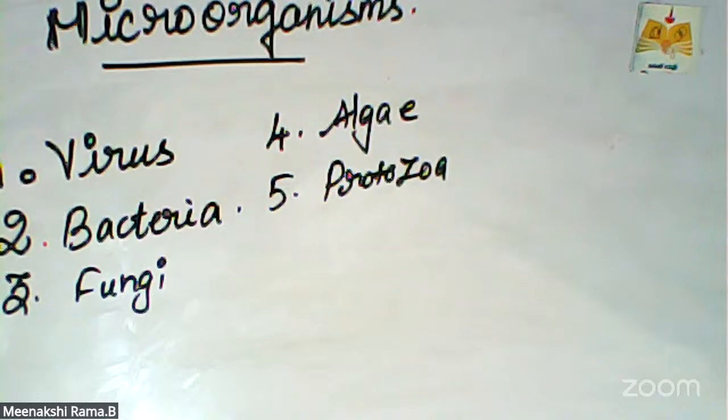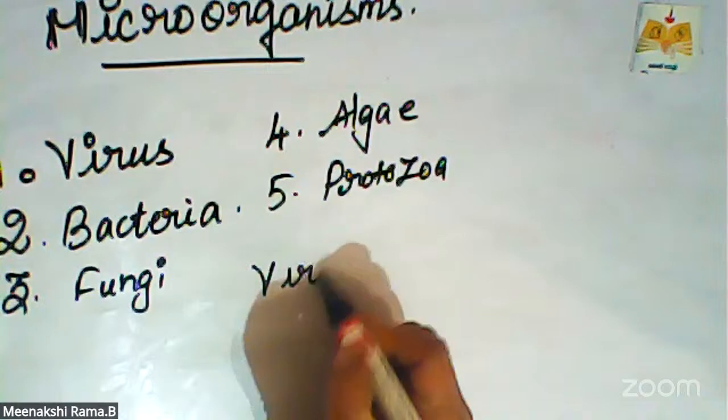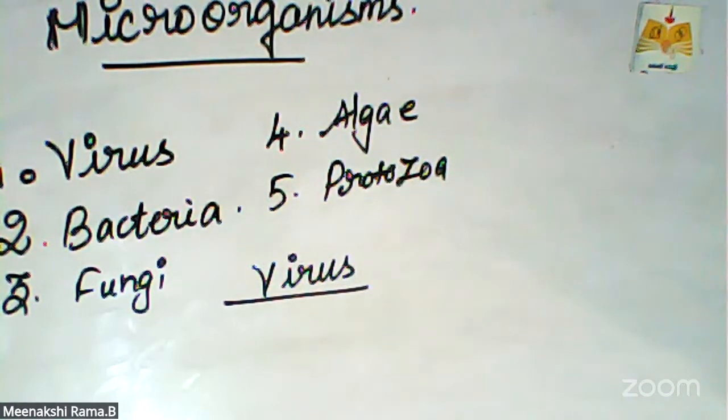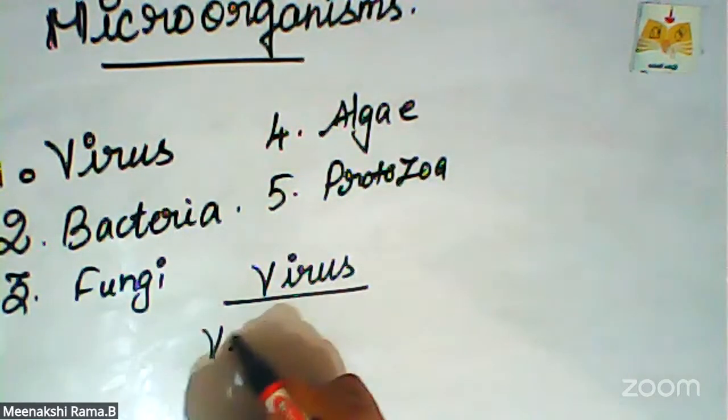First, we are going to learn about the virus. So what is a virus? Virus is a major microorganism. It is a tiny particle, a very small organism.